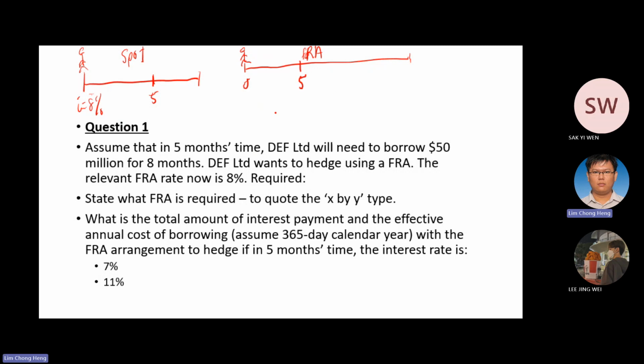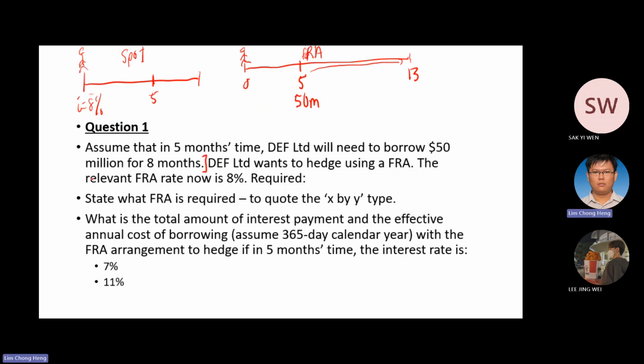Assume in 5 months' time, DEF Limited needs to borrow 50 million. You will use this money for 8 months, so you will return everything in month 13.